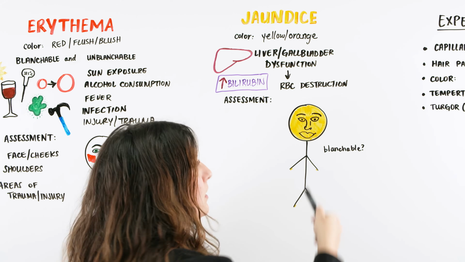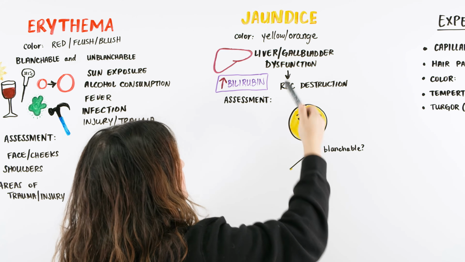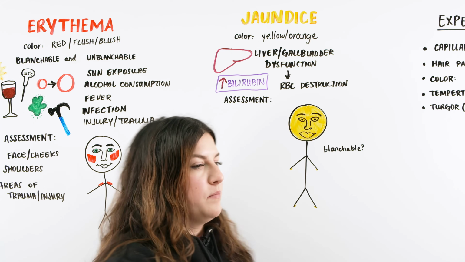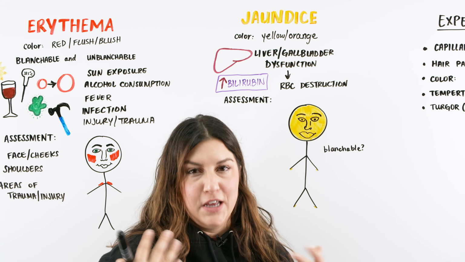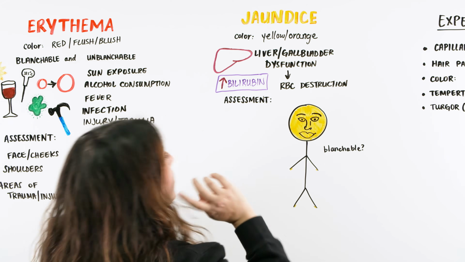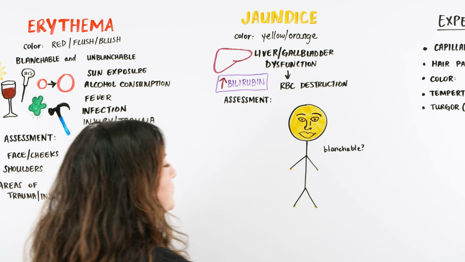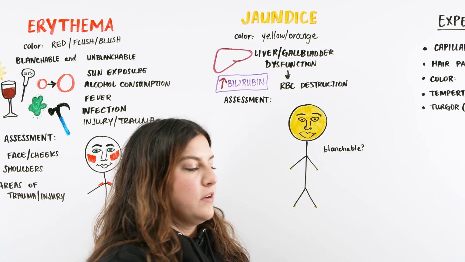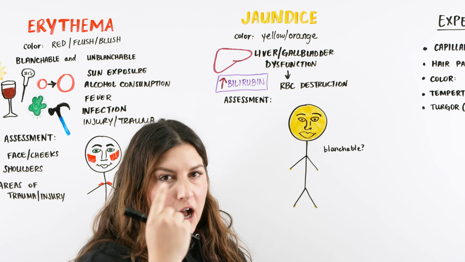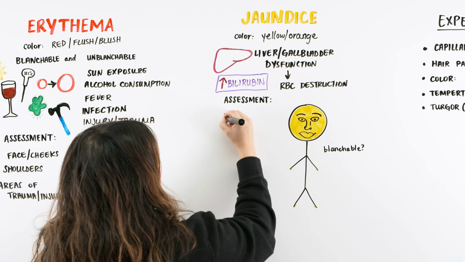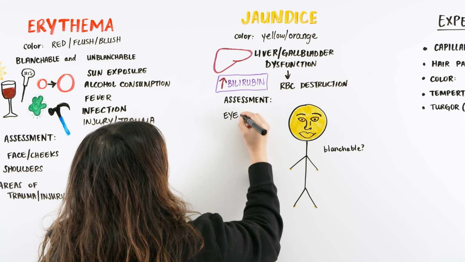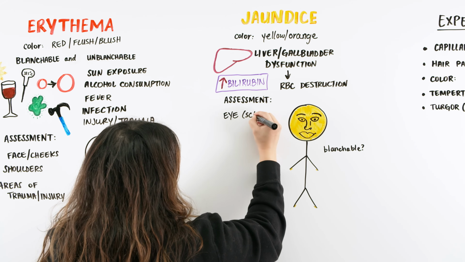So the coloring of bilirubin, if it builds up in the body, it makes a predominant appearance of yellowing of the skin. So when we're assessing this patient, one of the first places, if someone comes in and they're not feeling really well, you can look at their eye, particularly their sclera, and the white of the eye is actually going to look yellow.